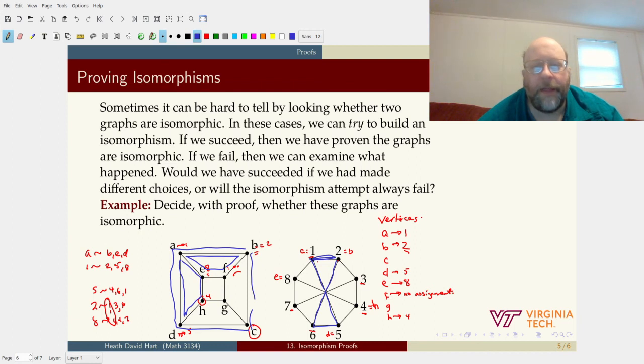That's if we go 1 to 2. If we go in the other direction, we get 1, 8, 4, and 5, building this sort of hourglass pattern out of this side also. All right, so quadrilaterals from 1.